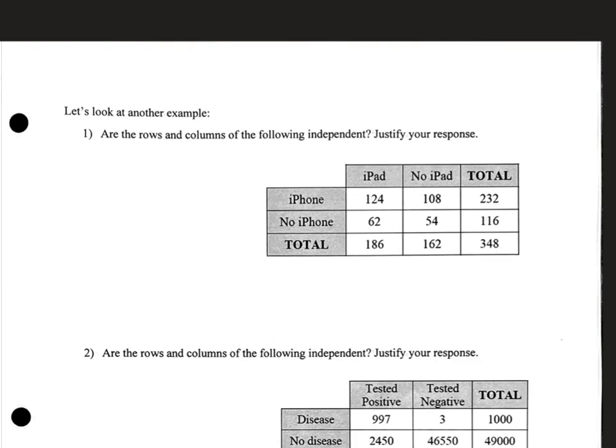So let's do an example here. Are the rows and columns independent? We have to pick a row or a column. I'm going to pick this row because that's what I always do.